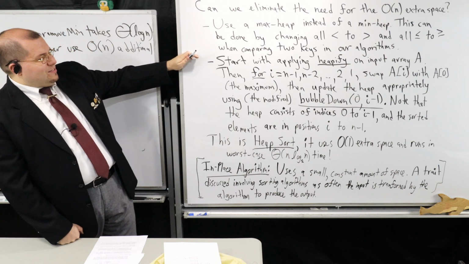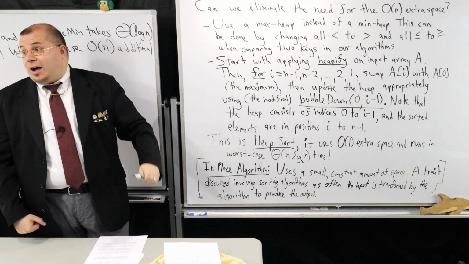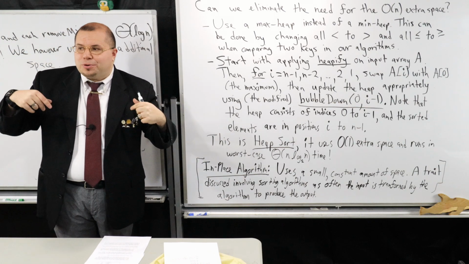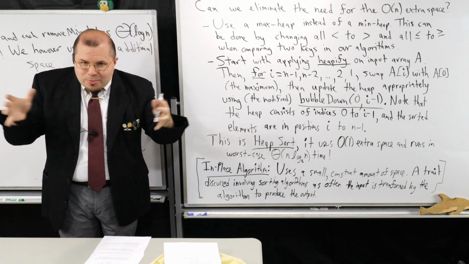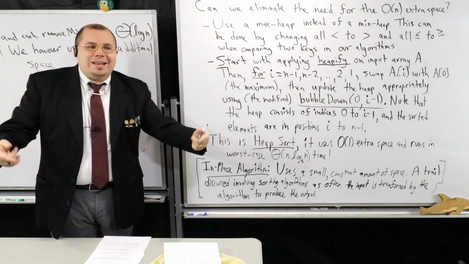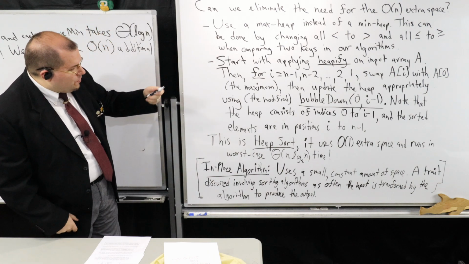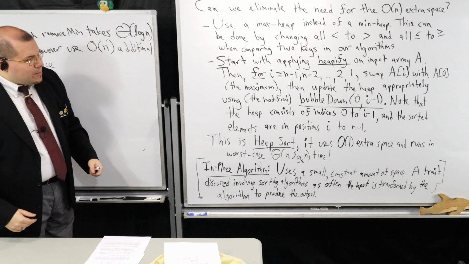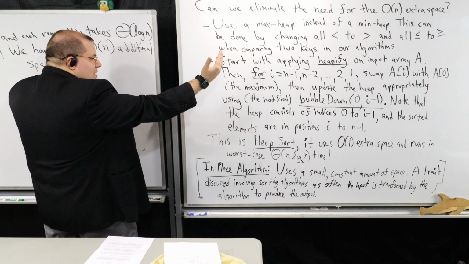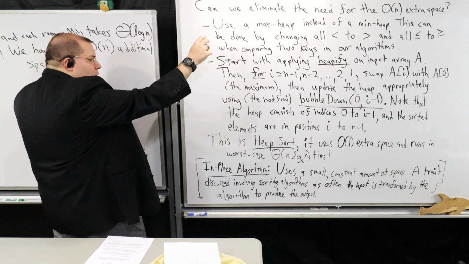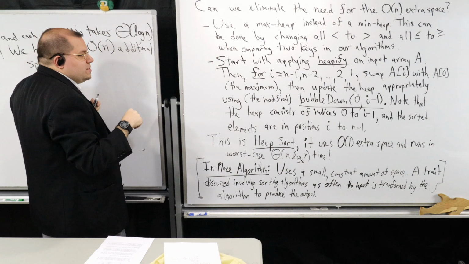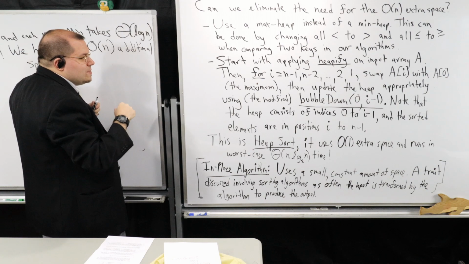So here's the process. I'm going to start off with heapify. I'm going to build a heap out of the array, so I'm not going to add any more memory. I'm just going to use array A as I get it and turn that into a heap. I can use heapify. That takes linear time. And then I'm going to start at the end of my array and swap this with A sub 0, the first position.